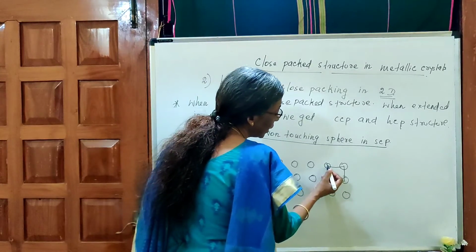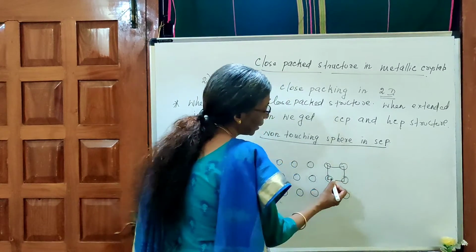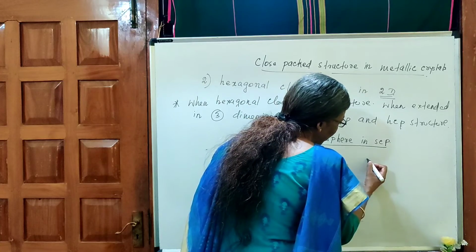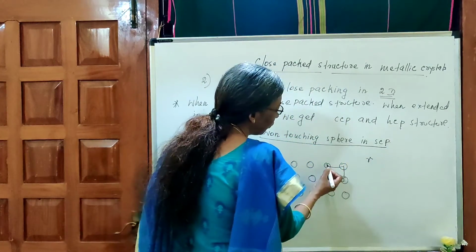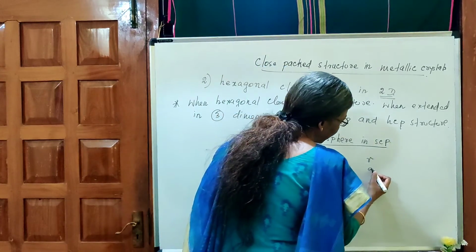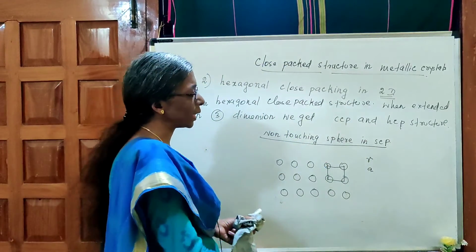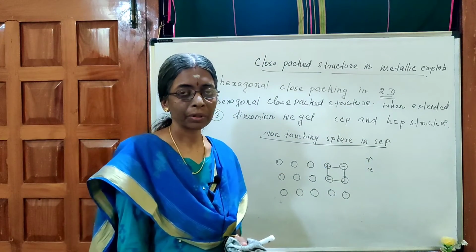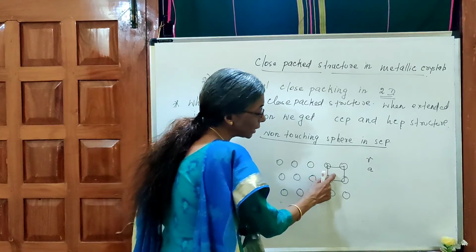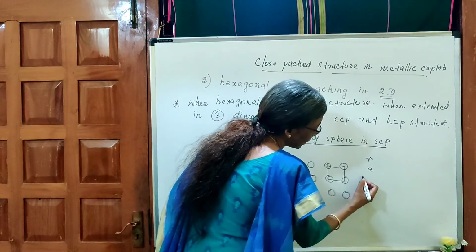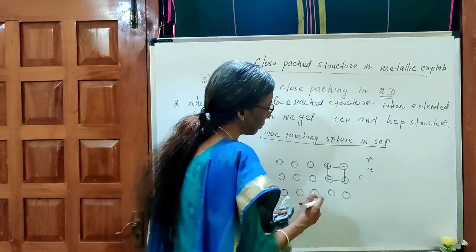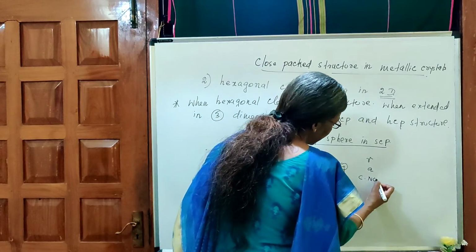But how do you find this? If we know the value of r and the value of a, we can calculate the area efficiency. So what is the coordination number in this case? It will be 4 only.